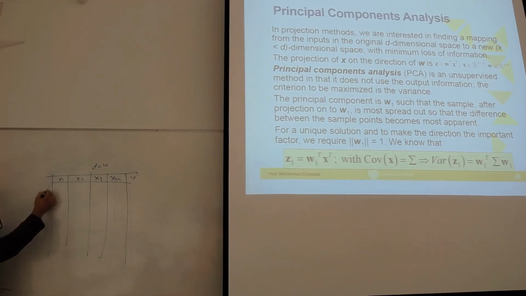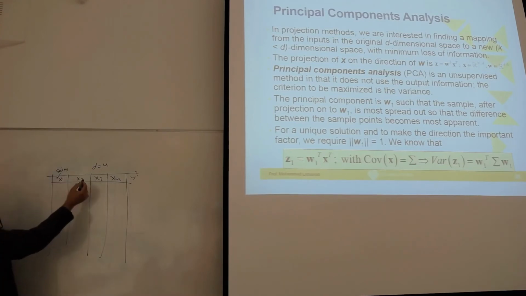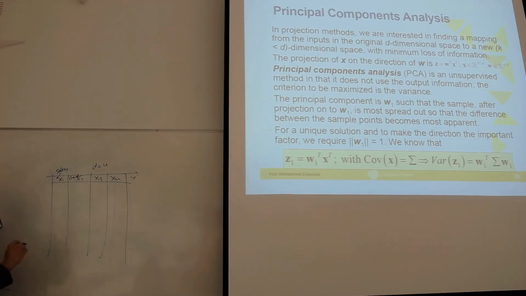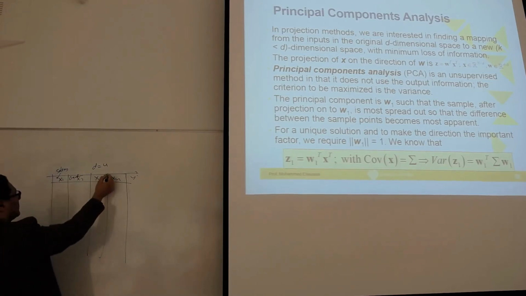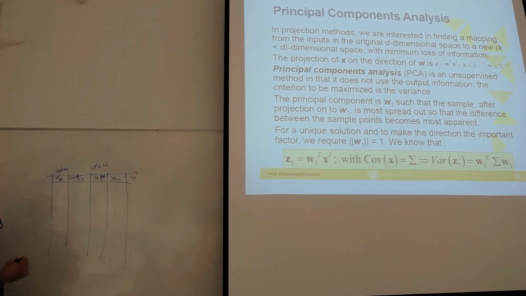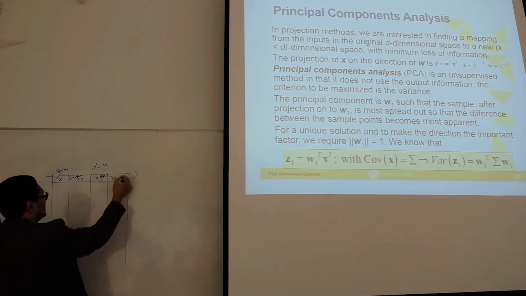N is the number of samples. For example, x1 is the salary, the monthly salary, x2 is the gender, x3, for example, is the age, and x4 is the weight.